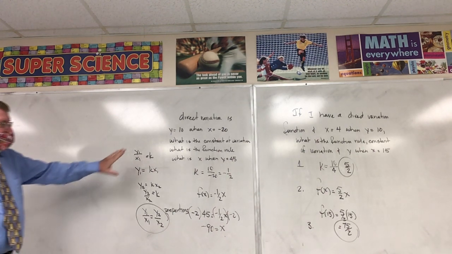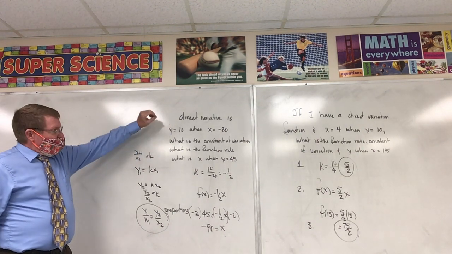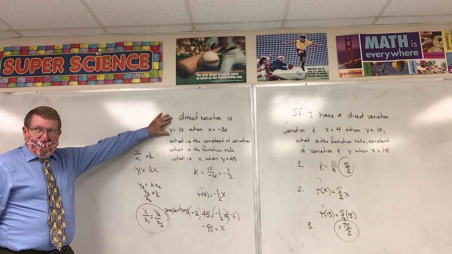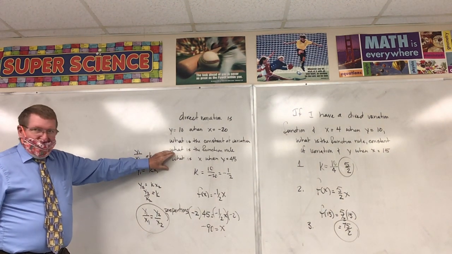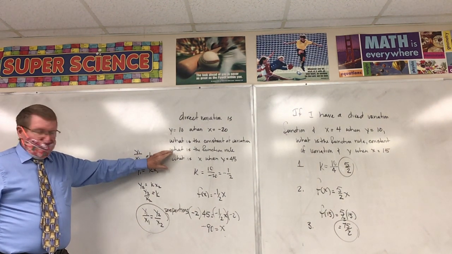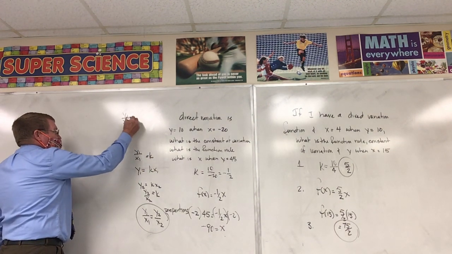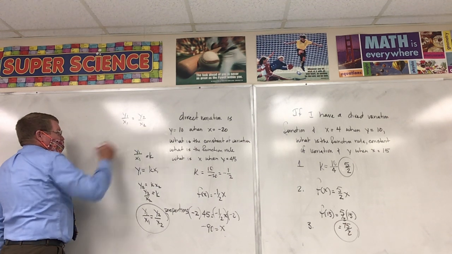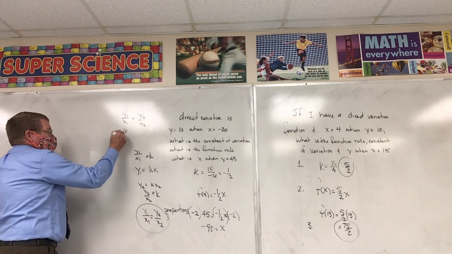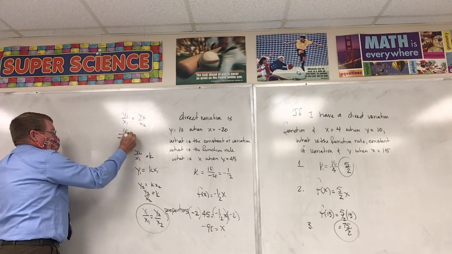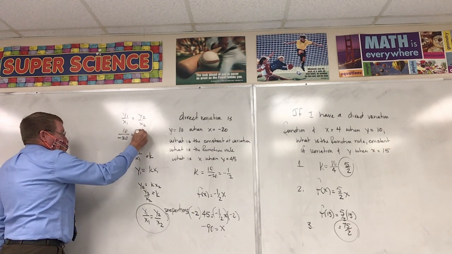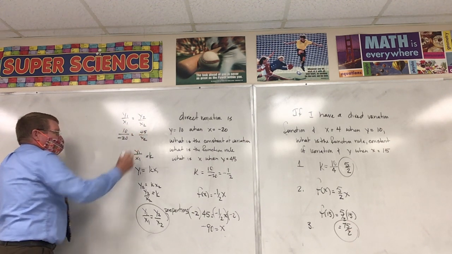So if I took this equation here, this would be my x1 and y1. This would be my x2 and y2. So I could use y1 over x1 equals y2 over x2.